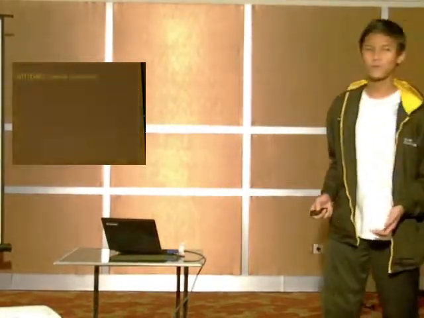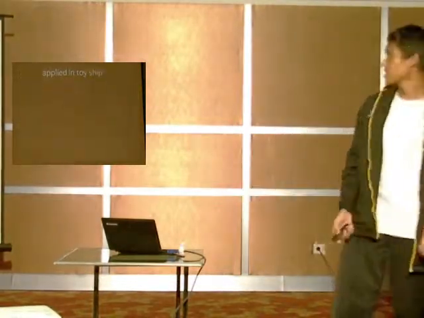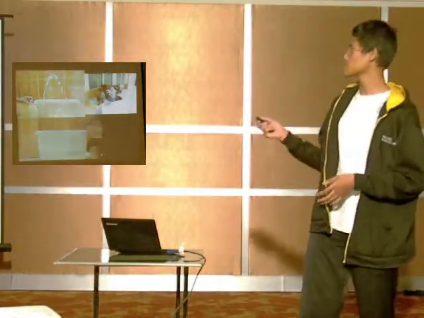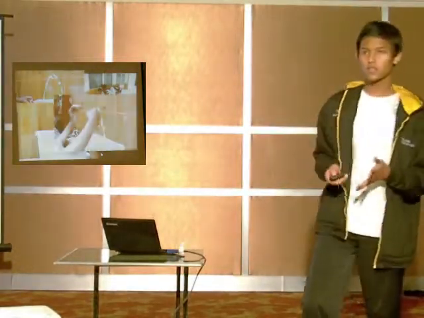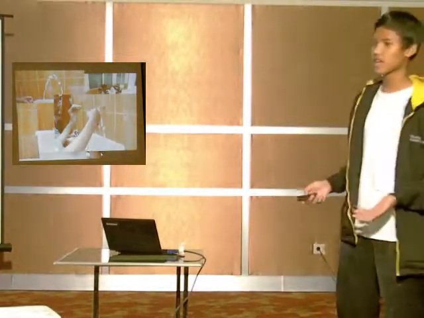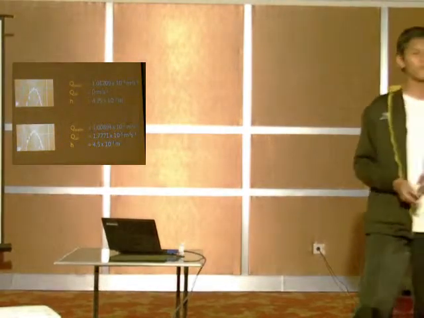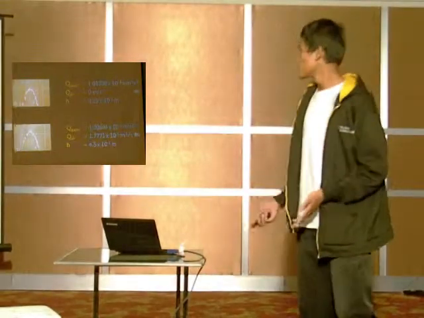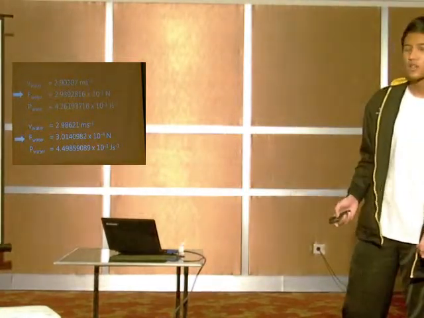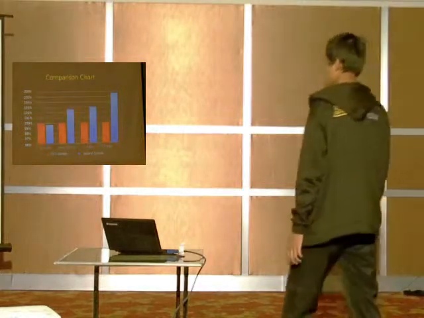About the second experiment, we played it in a toy ship, and we calculated the data from the first experiment: the water flow rate, air flow rate, height, and so on. This is our data. From this, through the formula, we can know the velocity, the force, and the power produced by the sample. And this is the comparison chart.